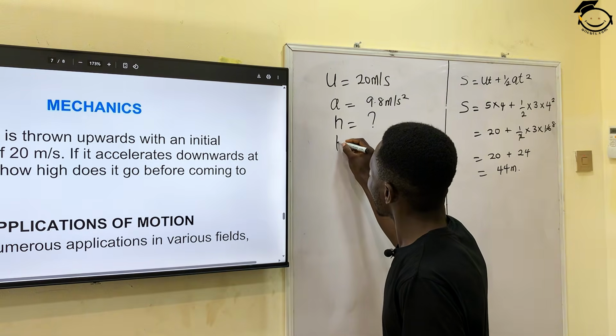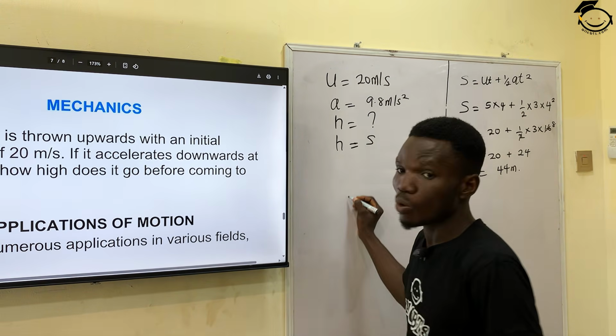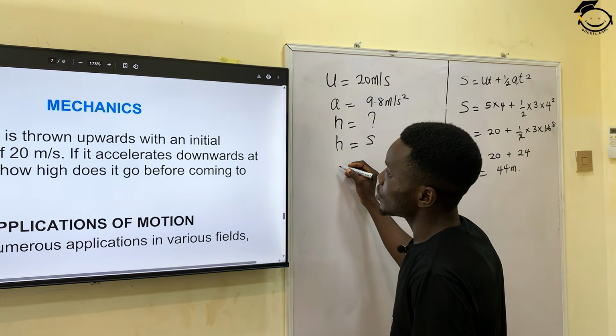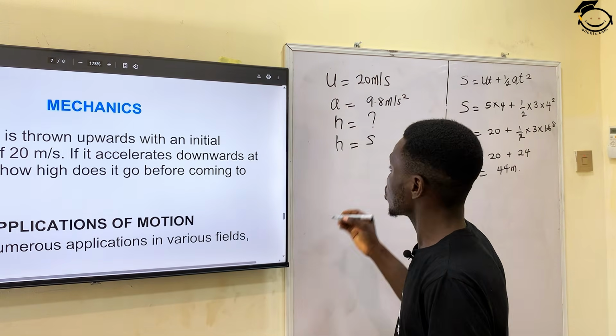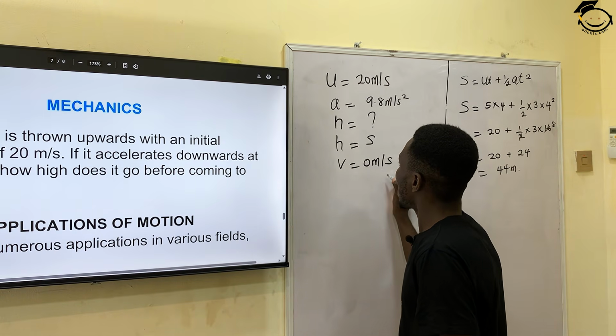And we know that our height is the same as distance, because in physics, any two quantities that have the same unit are equal. In the question, they said it comes to rest. Whenever an object comes to rest, the final velocity is always 0. So my final velocity is 0 meters per second.